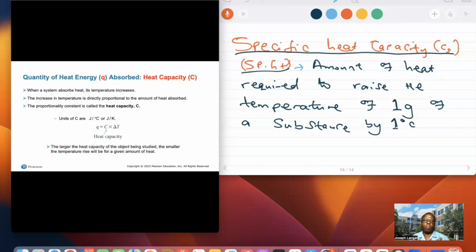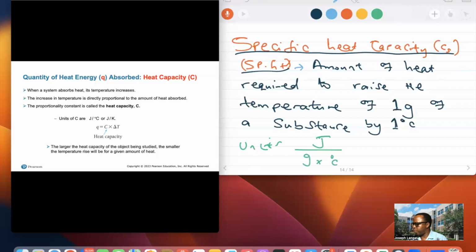These two terms we'll be using. So back to our heat capacity. Remember, the unit is joules per degree Celsius or joules per Kelvin. It's the same thing. We designate it using the uppercase C. Take note of that uppercase C. The units for specific heat are joules per gram times degrees Celsius.